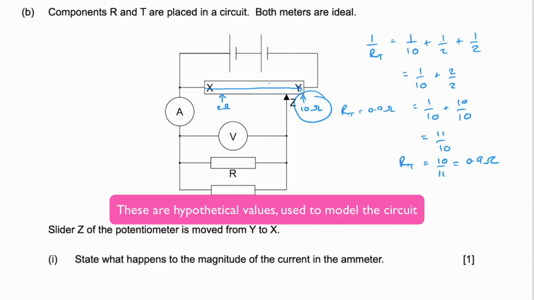Now let's look at what happens when Z is here. Do the same calculation. There is going to be a parallel element because there's 2 ohms here, and then there's the 2 ohms and the 2 ohms, and they're all in parallel with each other. And then the rest of that 8 ohms is in series with that parallel circuit.